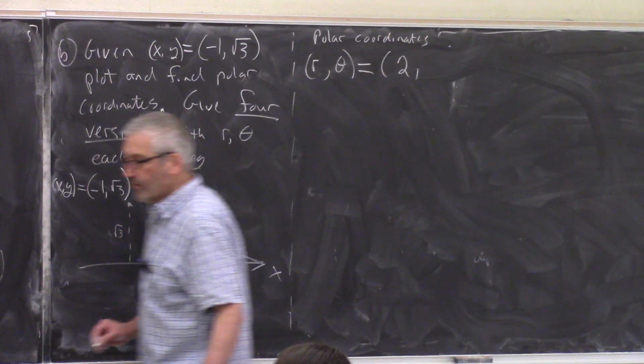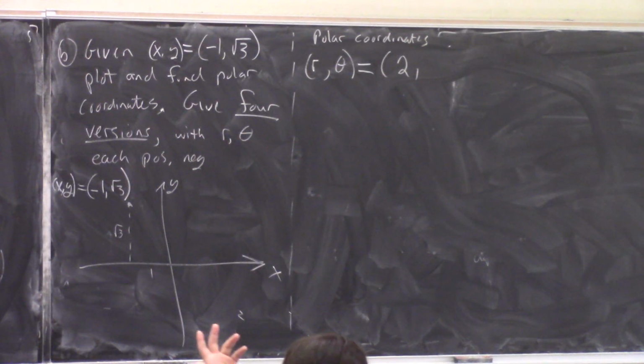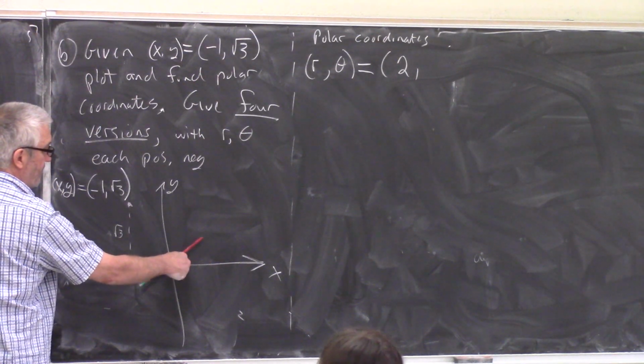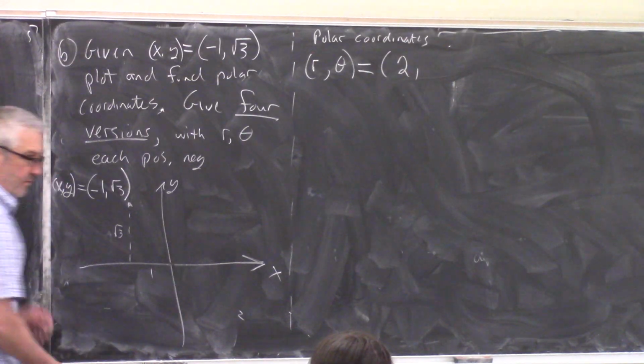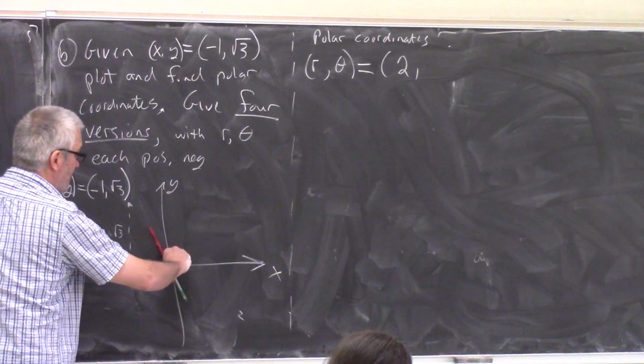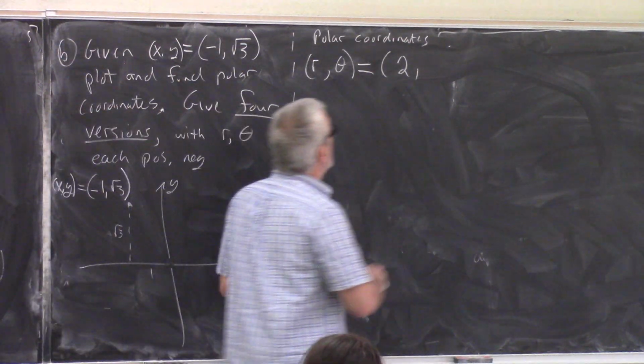So think about how we would have gotten here. Yeah? Over 3. Well, let's try it. Here's the x-axis. Let's rotate it pi over 3. 2 pi over 3. Rotate this 2 pi over 3, and you get to there.